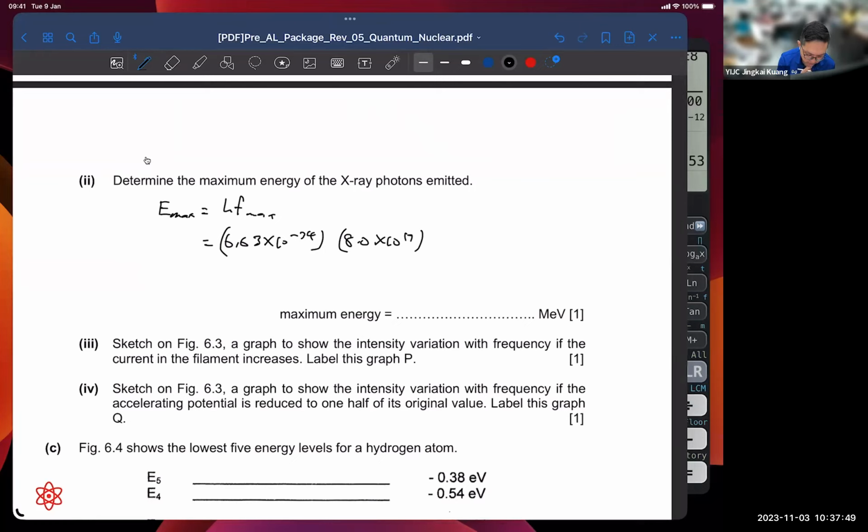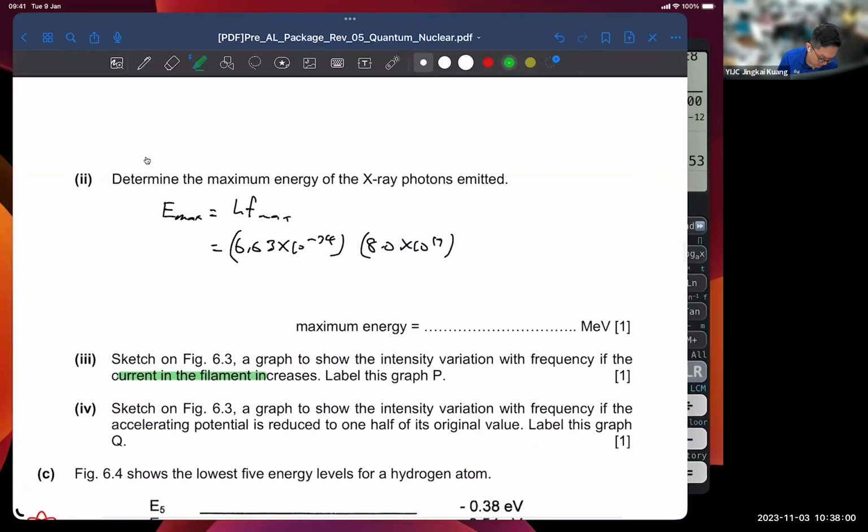Okay, sketch from the graph a graph to show the variation if the current changes. Current here is about the number of electrons per unit time. It does not affect the energy of the electrons.